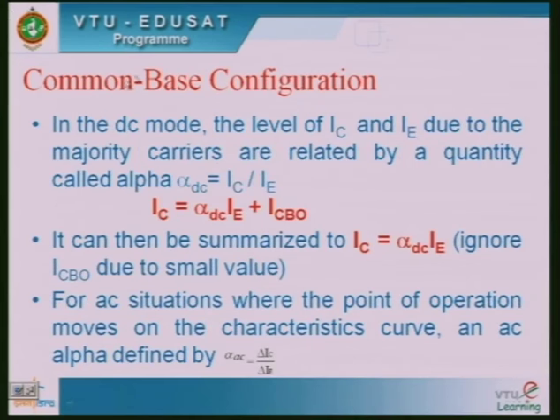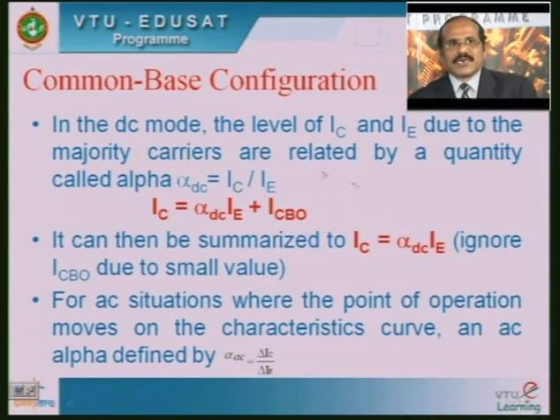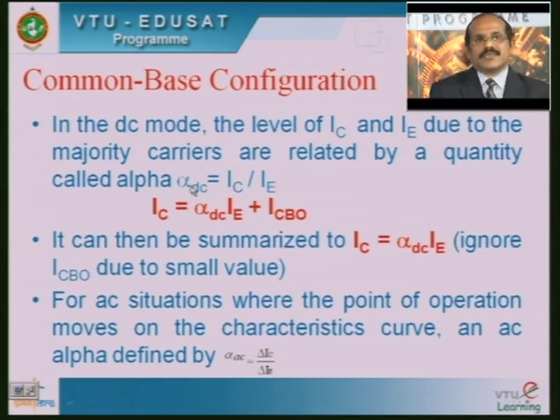In the DC mode, the levels of collector current and emitter current due to majority carriers are related by a quantity called alpha DC. As I told you, it is the common base DC current gain, defined as the ratio of output current, IC, to input current, IE.